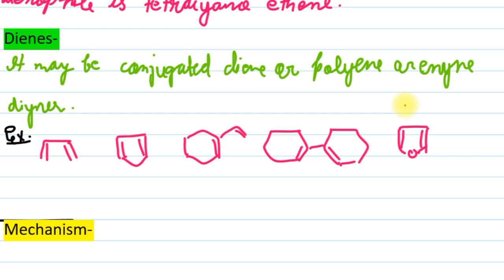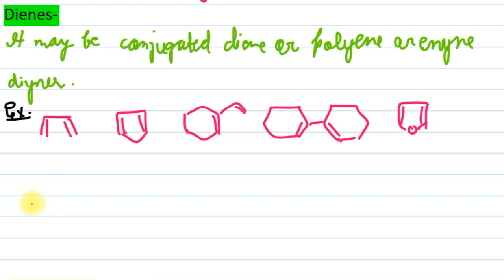When the electronegative group in a dienophile is C double bond C, the dienophile can also act as a diene. So we can write here, butadiene acts as a diene, and here this is also butadiene.